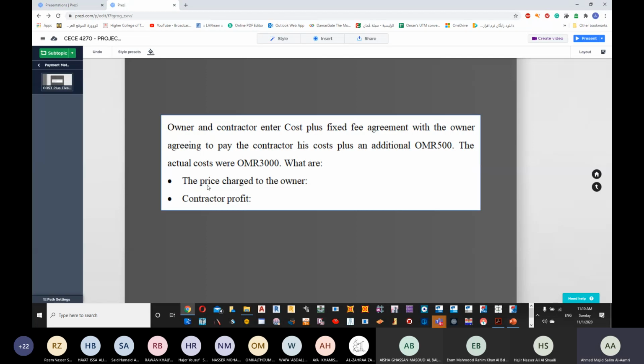The money to be paid to the contractor is 500 riyal, a fixed amount. That's why the contractor will try to finish the project as soon as possible, to go to another project. If he finishes in 1 day or in 1 year, he will get exactly the same value, which is 500. So it's better to finish as soon as possible. Are we clear?